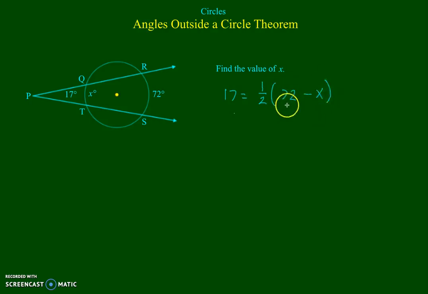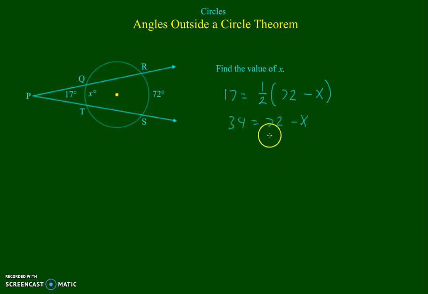Now in this case, we're going to have to solve for x. At this point, the geometry is over. It's just algebra. It's up to you how you want to do it. The way I would work this is I would multiply both sides by 2 so that I don't have to do 2 operations to get rid of that 1/2. Here we have 34 equals 72 minus x.